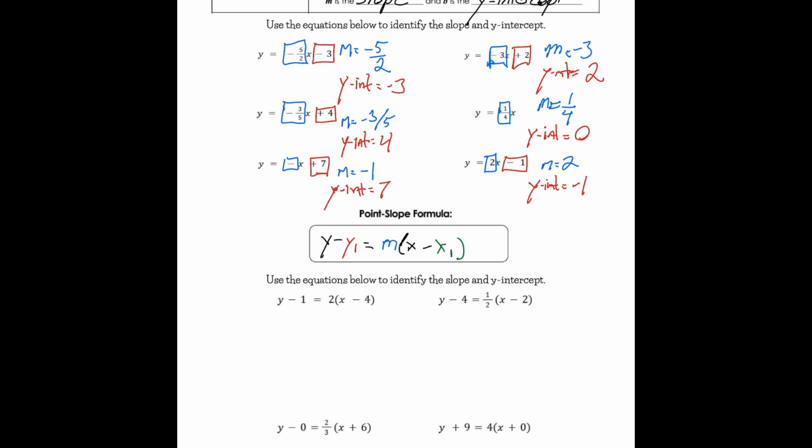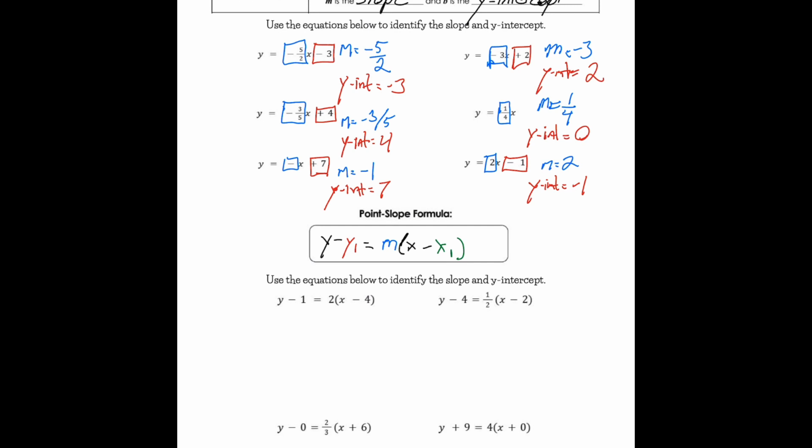Or if you're given 2 points, you can do your slope formula, y2 minus y1 over x2 minus x1. So if you know your slope and you're given a point, so you have an x value and a y value, you can use your point slope formula to figure out an equation for a line so that you can then graph that line on a graph.